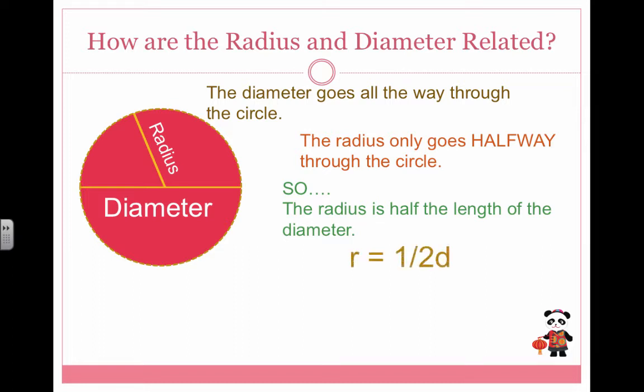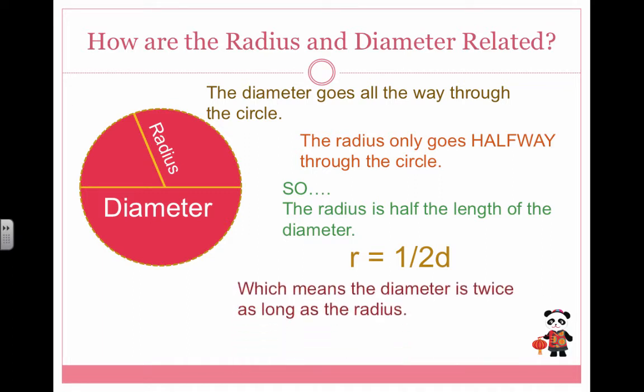So that means you could write radius equals 1/2 of diameter. But that also means that the diameter is twice as long as the radius. So we can write diameter equals 2 times the radius. And that's the thing you're going to be using most often: whenever things are in terms of radius, you're going to write 2r.